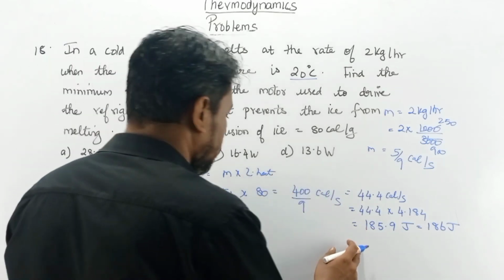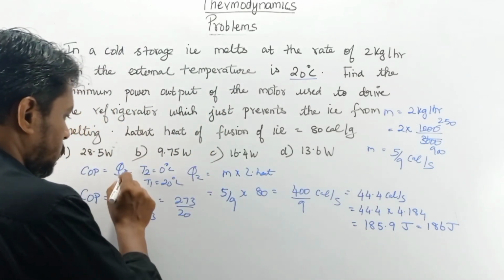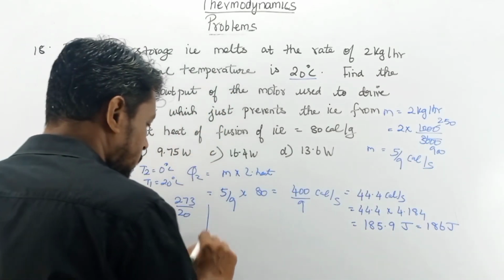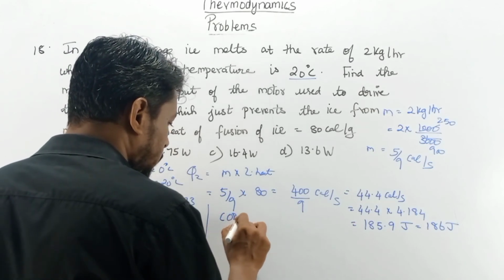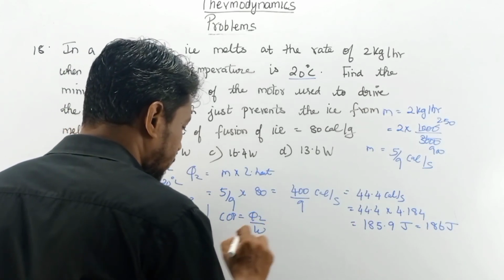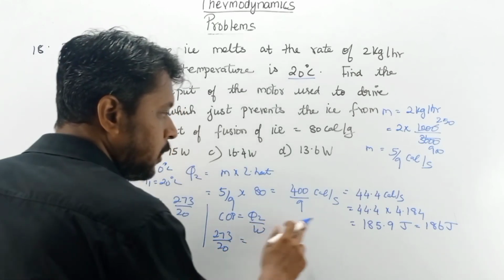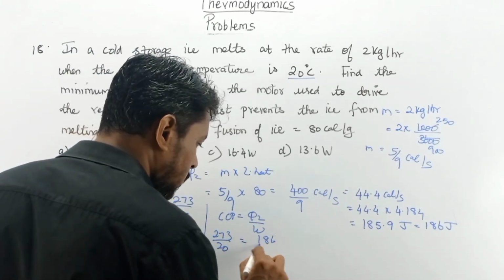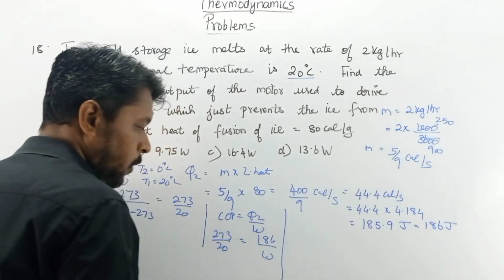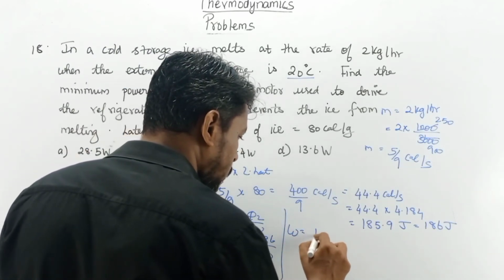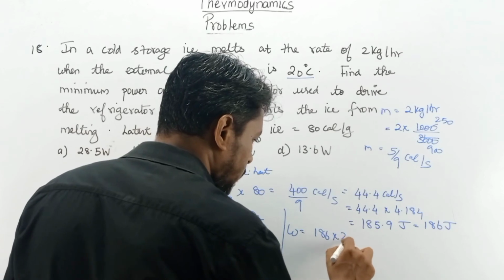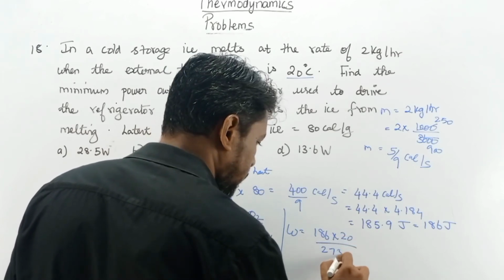When you equate it with Q and the work done, COP is equal to Q2 by W. So 273 by 20 will be equal to 186 by W. From this, W will be equal to 186 into 20 divided by 273.